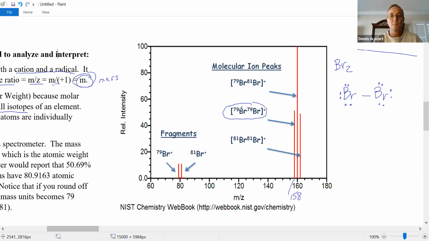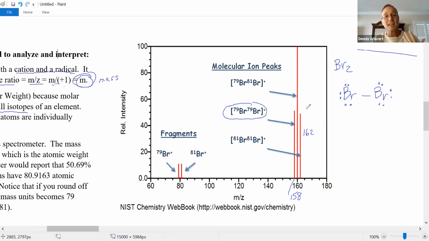That's because both bromines have mass 79. The farthest one to the right is when both bromines have mass 81, that's 162. 81 plus 81 is 162. And then sometimes one bromine is 79, the other bromine is 81. They just have different numbers of neutrons. Cool.